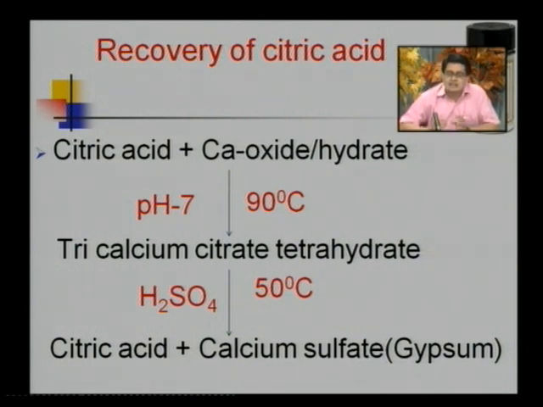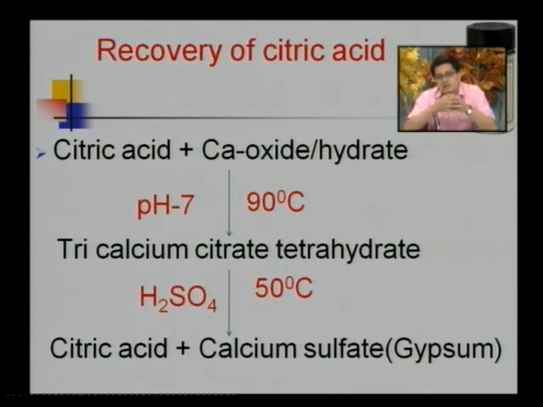This tricalcium citrate tetrahydrate is precipitated out, and this precipitation is usually accomplished by maintaining a pH around 7 and keeping the temperature at 90 degrees centigrade. Once the precipitation is accomplished, the precipitate is separated out by filtration.